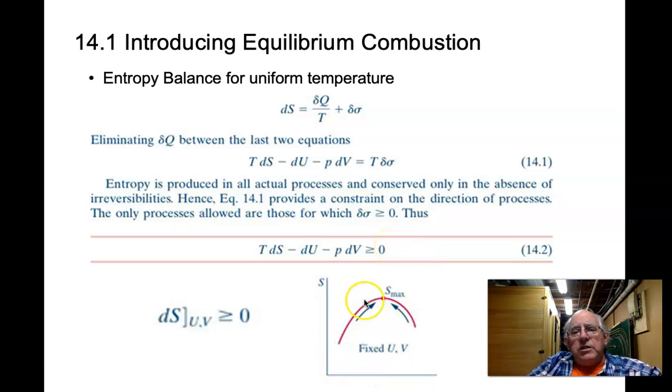And so the system, if it starts over here, will end up at the top of this hump, or if the system starts over here, it will then go to the top of the hump. And so a system will go to a state of maximum entropy. And that would correspond to the system going to an equilibrium condition.